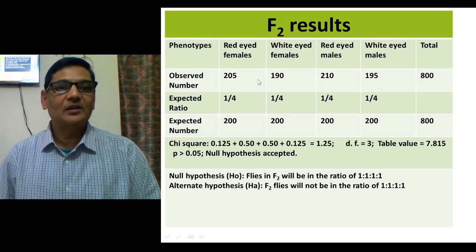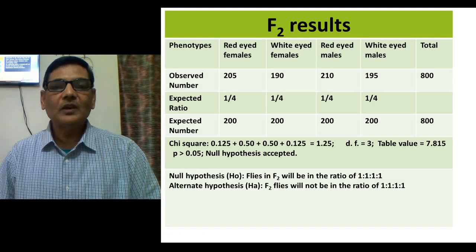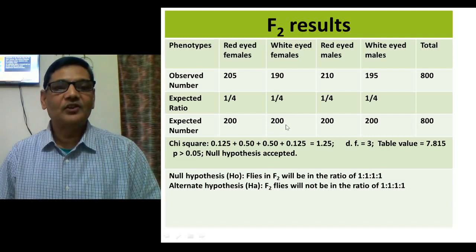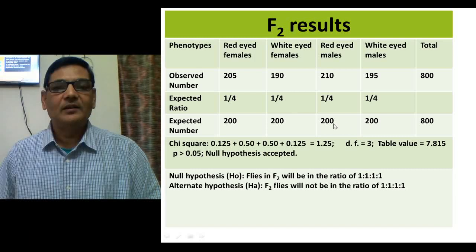So what do you expect? You expect 1/4 will be red-eyed females, 1/4 white-eyed females, 1/4 red-eyed males, and 1/4 white-eyed males. So accordingly, you expect 200 individuals for each class: 200, 200, 200, 200, and their numbers should be exactly equal.